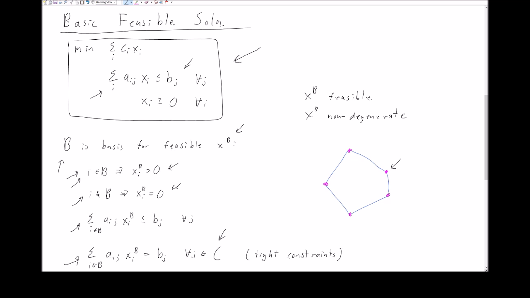An interesting property of a basic feasible solution is that at any one of these corner points, the cardinality of our basis, that is the number of indices that are positive, is going to be equal to the number of constraints that are tight. We're not going to prove this, but it's intuitive from a geometric perspective. If we have a particular point, it has to be defined by a set of constraints equal to the dimension of the space that it resides in. We're going to use this in our proof.